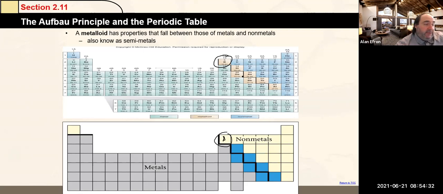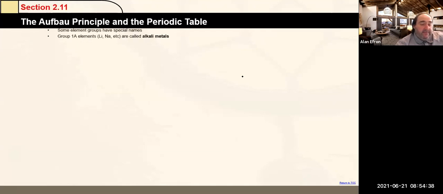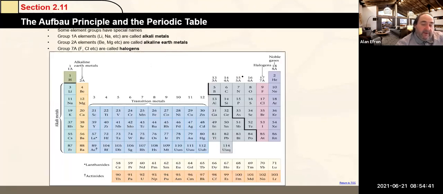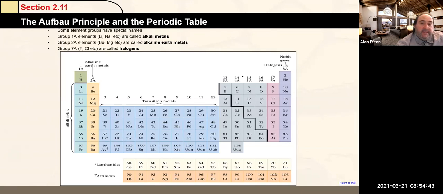Again, the same element will have some properties very much like what we see in metals, and will also have some very much like what we see in non-metals, which is why semiconductors are sometimes found in that region, because they have some of the properties of those two things.